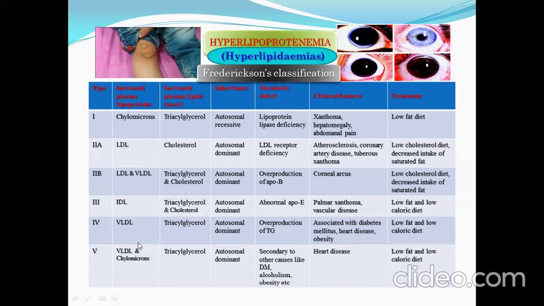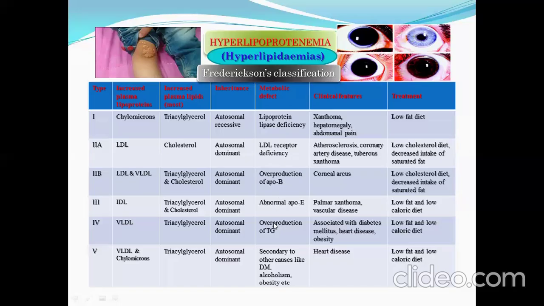And you must know the respective disorder and defect. What is the defect there? At least you should know. Lipoprotein lipase deficiency is there in type 1. LDL receptor deficiency is there in type 2A, whereas in type 2B, overproduction of protein B. In type 3, abnormal protein is there.